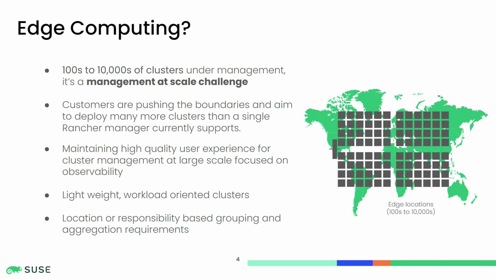Some of our customers are pushing the boundaries in terms of the current capabilities of cluster management with a single Rancher manager, and we are hitting a user experience problem. We would like to maintain the user experience even for the management of very large numbers of clusters.